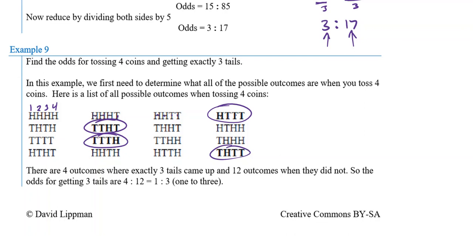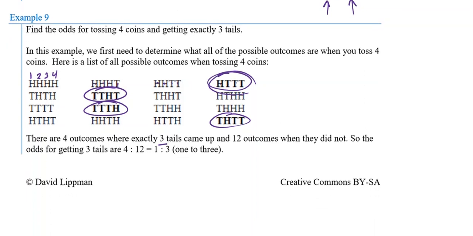In the end, we can see that we have 4 outcomes where we have exactly 3 tails: heads, tails, tails, tails; tails, heads, tails, tails; tails, tails, heads, tails; and tails, tails, tails, heads. Those are all the different ways we could do that. So there are 4 ways we can do it, and if you count all the other ones, there are 12 ways that you cannot get those. So it's going to be 4 to 12, which, simplifying again, is the same as 1 to 3 odds.